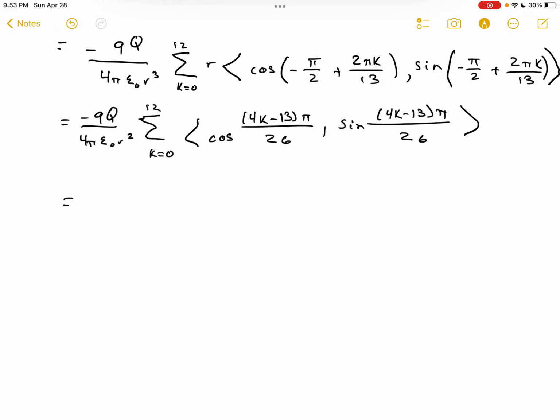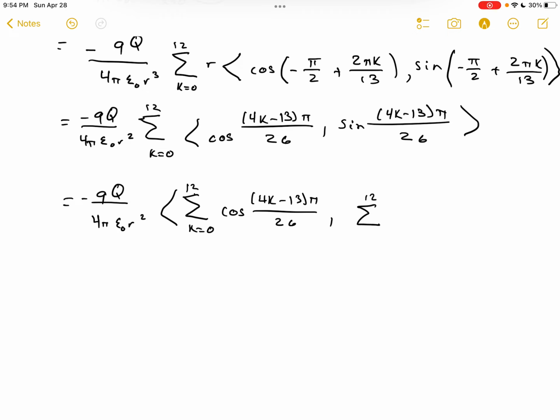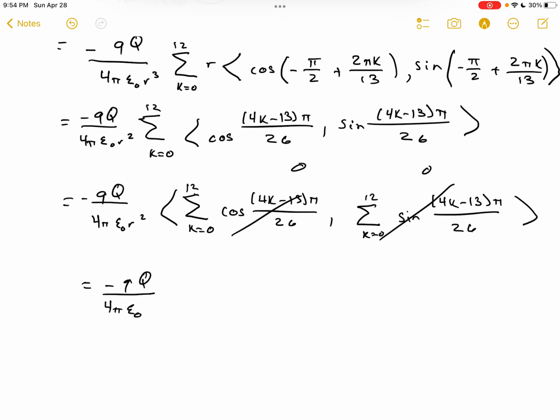And we just continue to simplify. Since both of these, like the example above, go to 0, we get negative q times big Q over 4 pi epsilon naught r squared times the 0, 0 vector, which ultimately gives us 0.